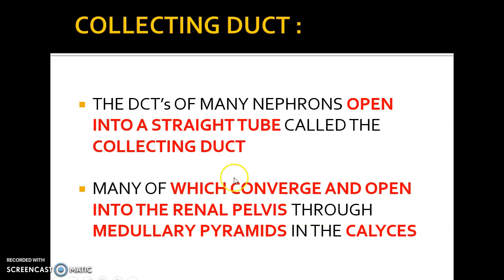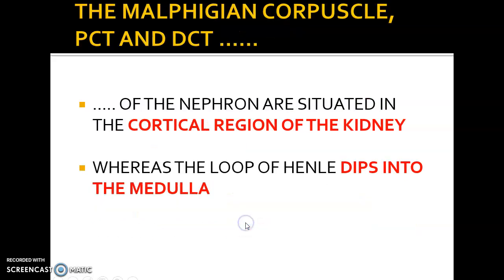So your collecting duct will open into the renal pelvis through medullary pyramids in the calyces. And that is how finally the urine that is formed will be collected in the renal pelvis. Then the renal pelvis will further continue as the ureter, and finally that urine will be stored in the urinary bladder.